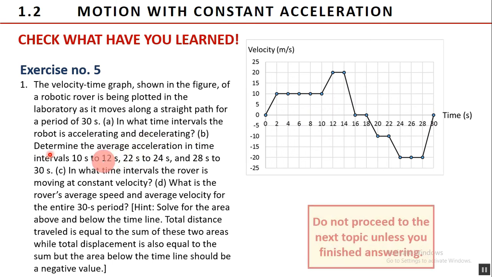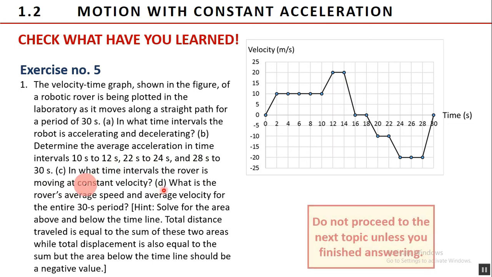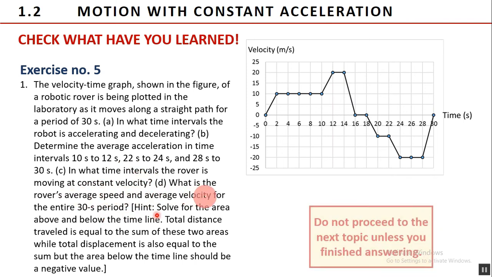Letter B. Determine the average acceleration in time intervals 10 to 12 seconds, 22 to 24 seconds, and 28 to 30 seconds. Letter C. In what time intervals is the rover moving at constant velocity? Letter D. What is the rover's average speed and average velocity for the entire 30-second period?